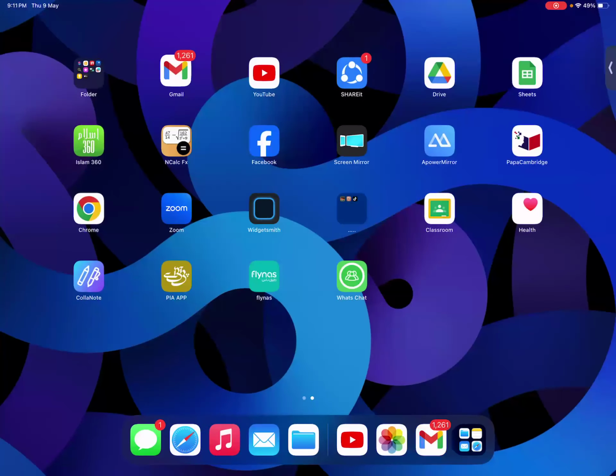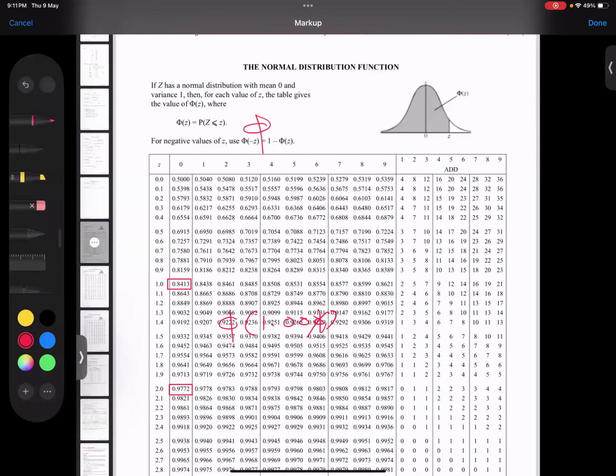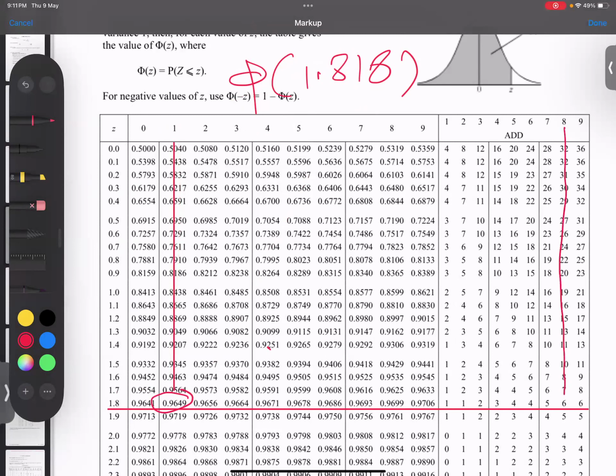Wait a minute, phi of 1.818. So how to find it, students? Very easy. 1.8 is here, so this line I talk about. 1.81, and the 1 is this. So this line goes down, and that 8 is going down to this number.